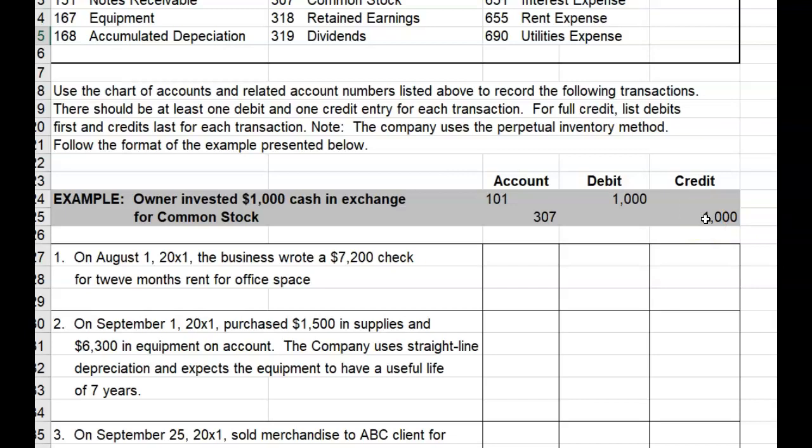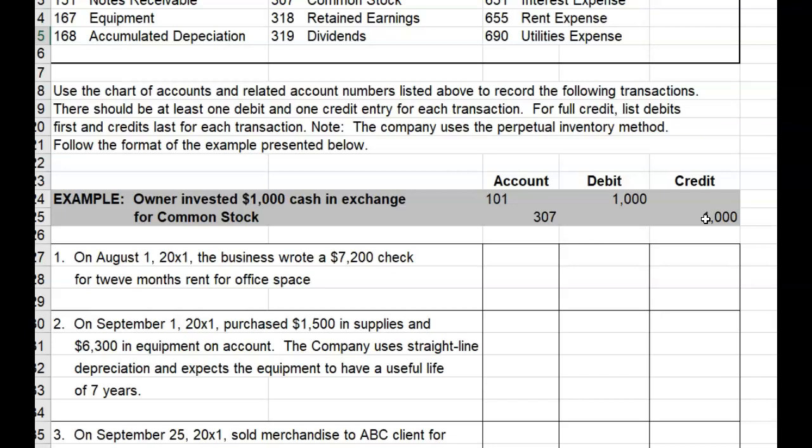Please be sure to utilize the following procedures as you write your journal entries. Always, always, always list debits before credits as you journalize each business transaction. Under the Perpetual inventory method, 2 journal entries are required to record the sale of merchandise inventory. The first journal entry records the sale with a debit to cash or accounts receivable and a credit to sales.